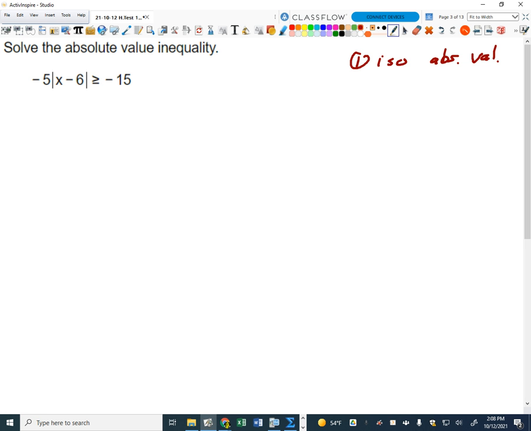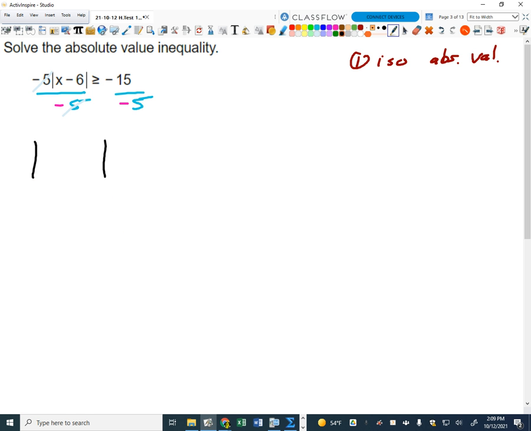I'm going to isolate the absolute value. That just amounts to dividing both sides by negative 5. Okay, that's good. That cancels the negative 5s, and so I get my absolute value isolated.